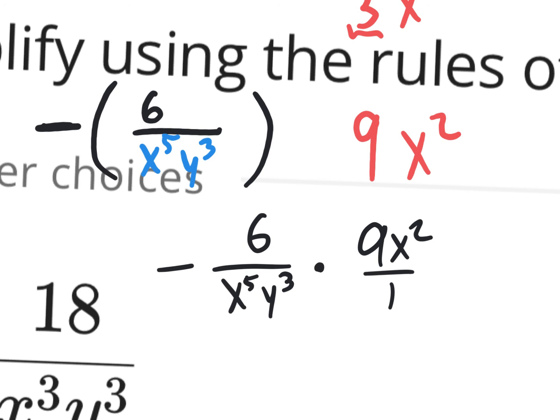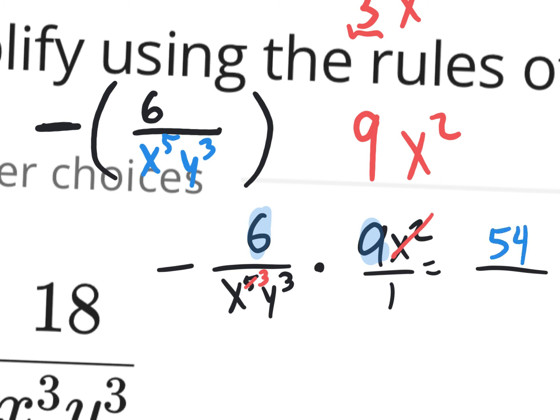So when you cancel out both of these x's, all 2 x's cancel out with 2 of these 5, leaving you 3 left over. So what would be left as your final answer here? Your final answer is the number 6 times 9, which is 54.